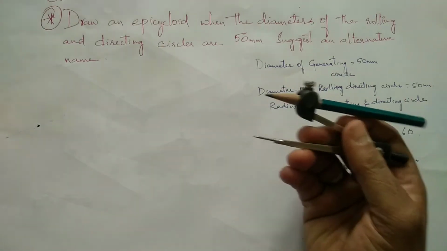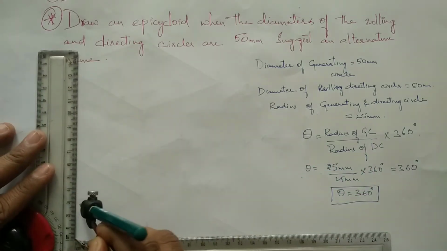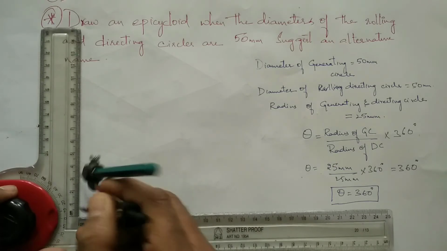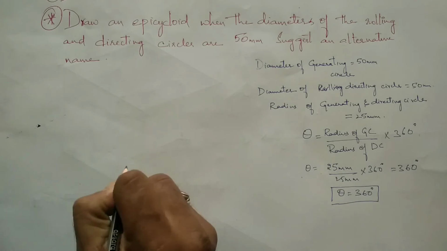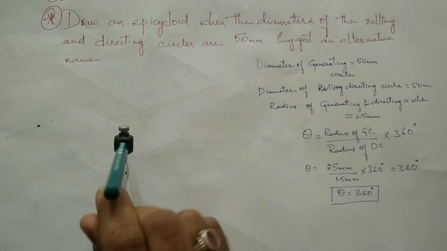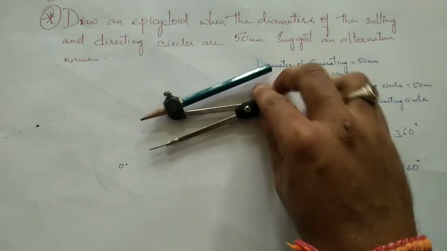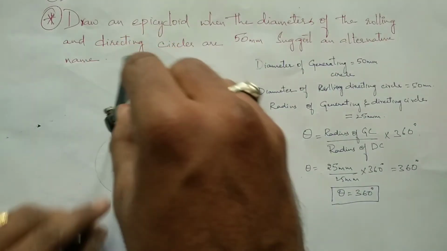Using a compass, measure 25 mm length as a radius. Take the point here as center O and draw the circle using a 2H pencil.